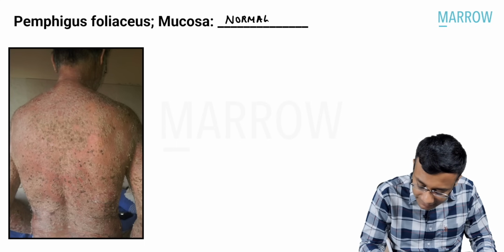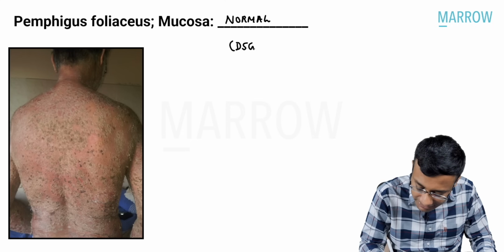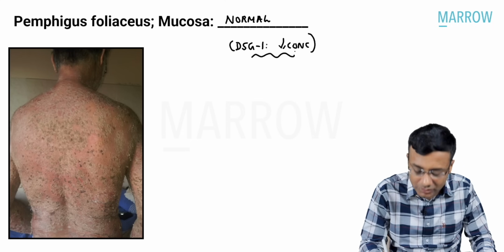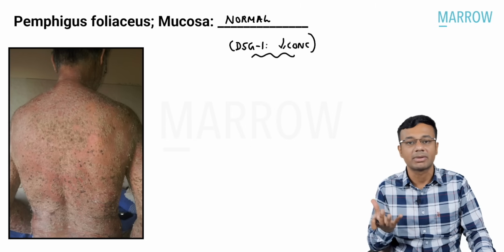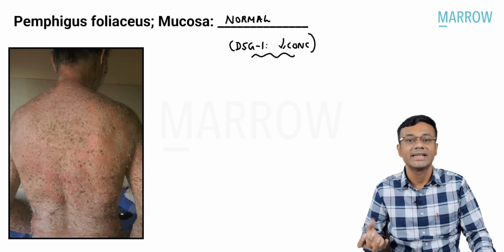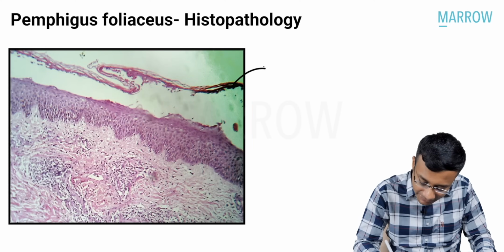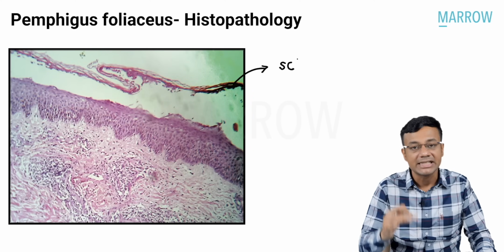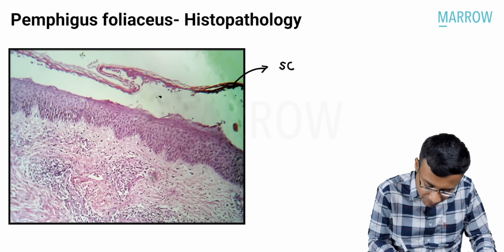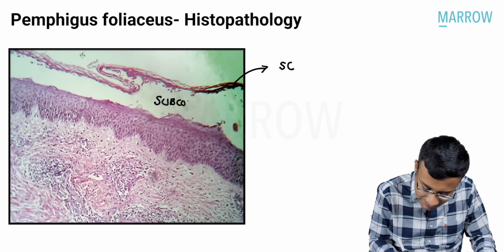That is because desmoglein number 1 is expressed in low concentration within the oral cavity. So because there is less expression of desmoglein number 1, the oral cavity is spared in pemphigus foliaceus. And when we do a histopathology, identify the layers. This is the stratum corneum. The split is just below the stratum corneum. So this is the subcorneal split.